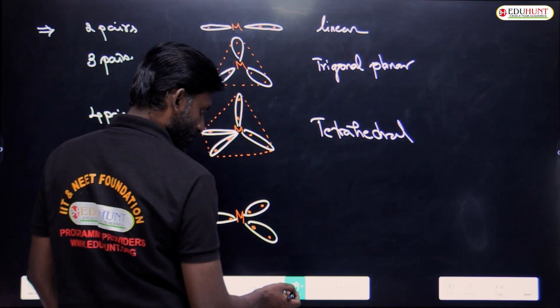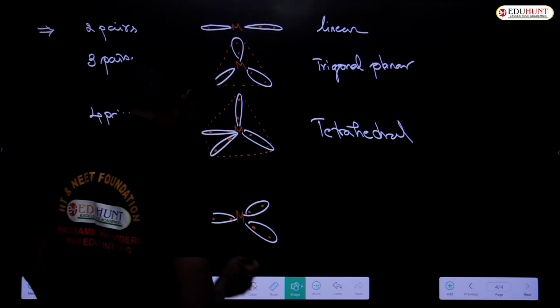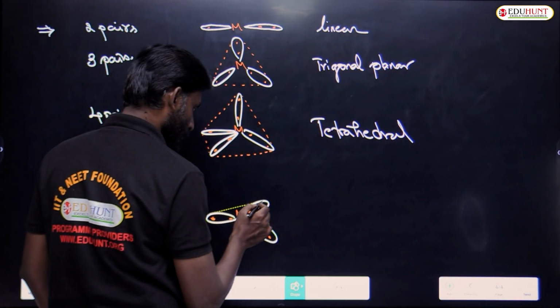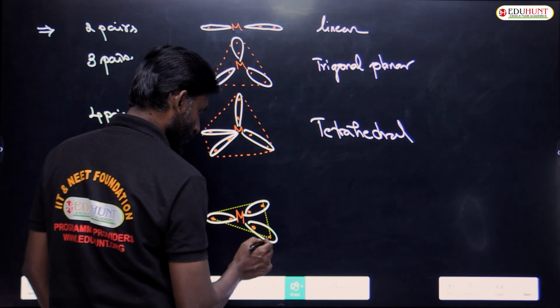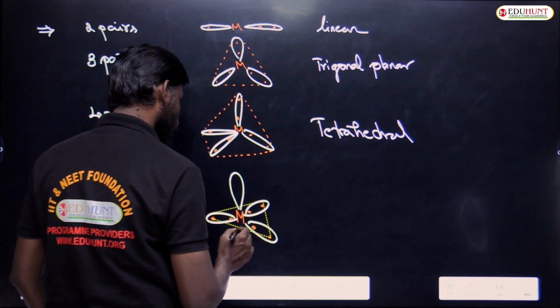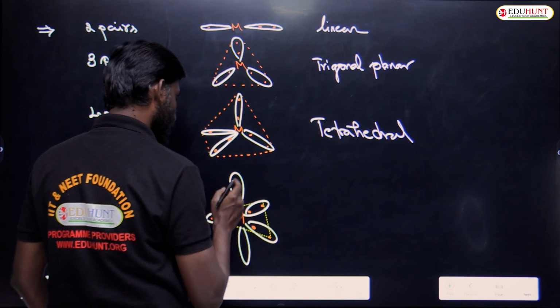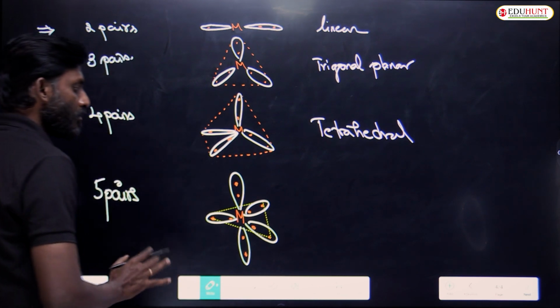Let me make this trigonal plane, and above the plane and below the plane, I am making 2 pairs, right, like this. So trigonal bipyramidal.